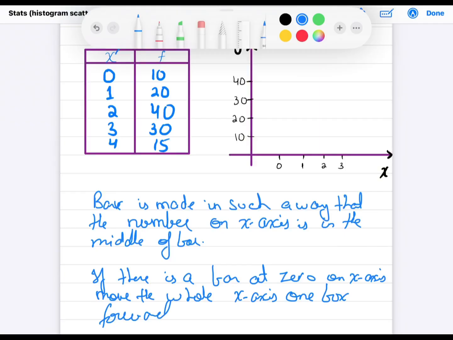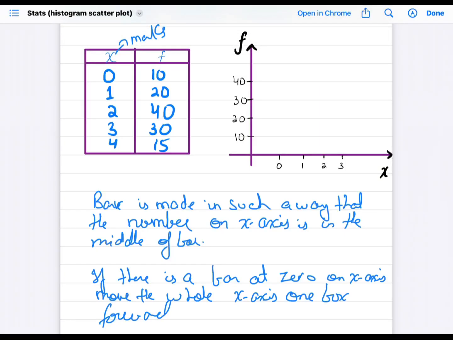So you have to understand these two important points when we have a single value table.